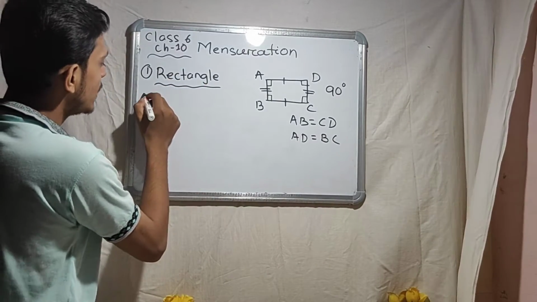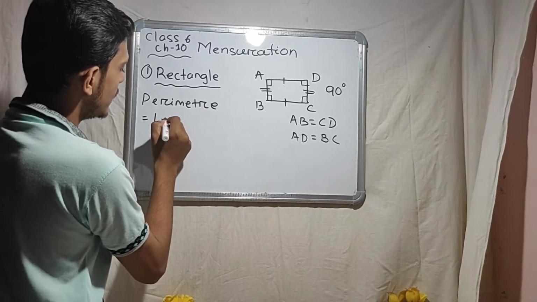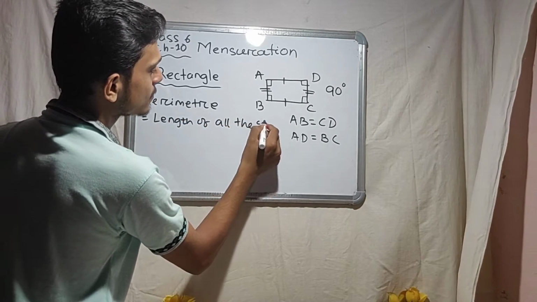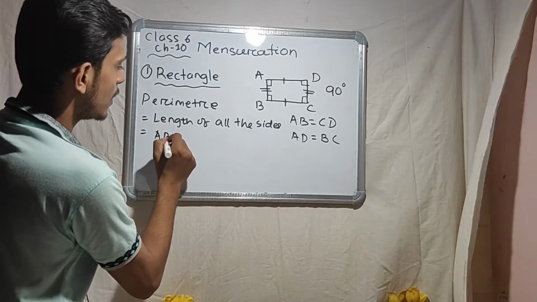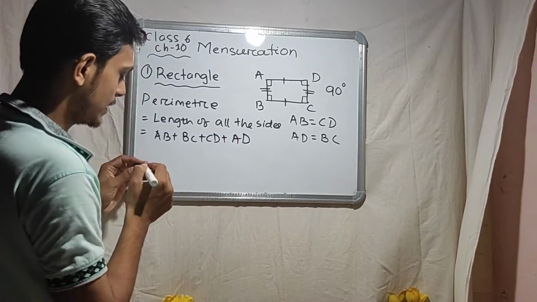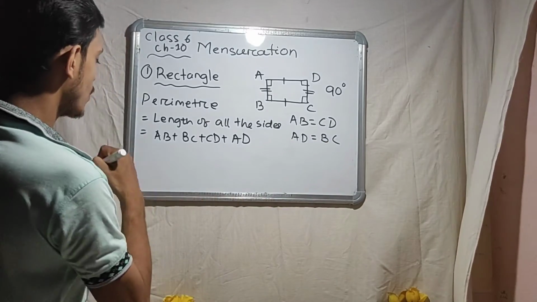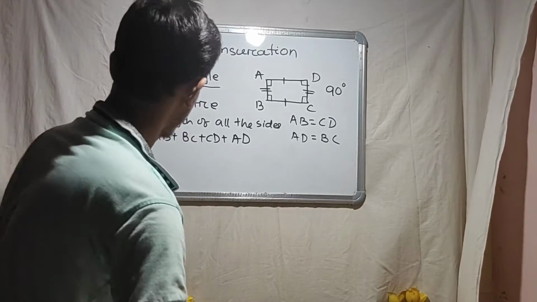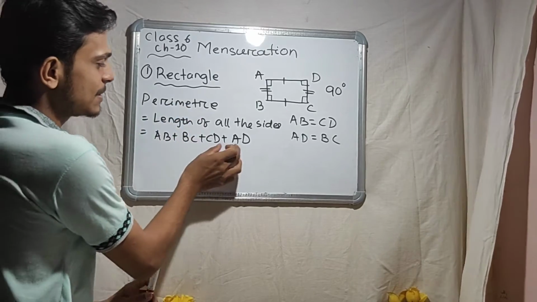So you already know what perimeter is. That is the length of all the sides, yes or no? So the length of all sides means AB plus BC plus CD plus AD. We already know the perimeter is AB plus BC plus CD plus AD.